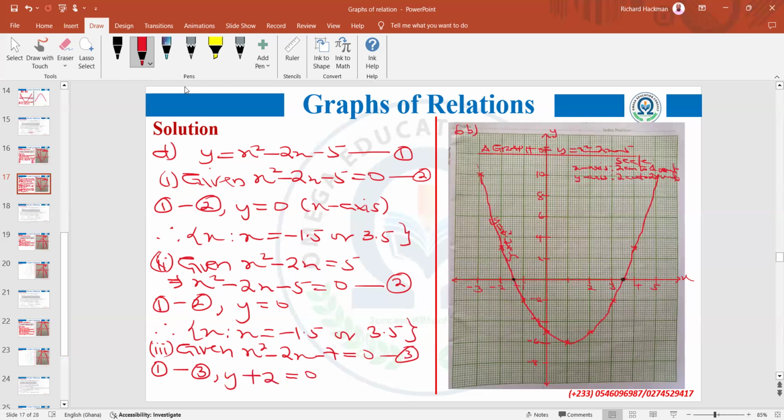You don't agree. Okay, if you said no, then it means indeed you are following. I just want to see whether you are with me. So this is what you are supposed to do. After y, the equal to sign should come, so take note of that. So at this point, y is equal to 2. Is that clear?